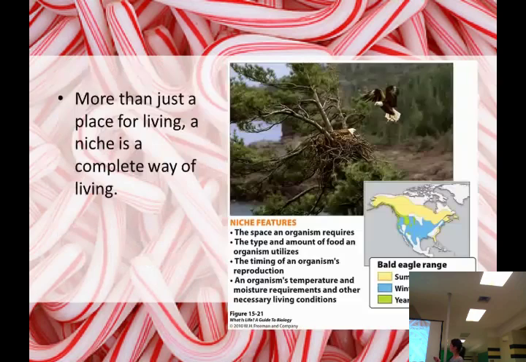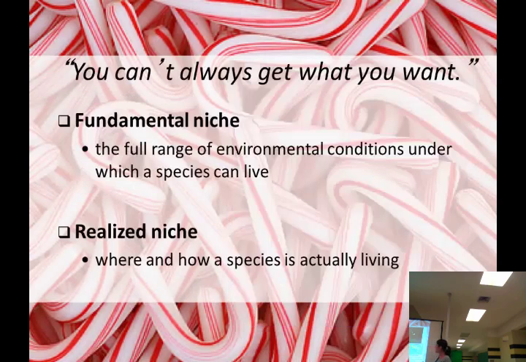If we go back here to our bald eagle, bald eagles are capable of living in this entire area. But they're going to have what's called their realized niche, which is where and how a species actually lives. Where is it actually occupying that space? Obviously a bald eagle isn't going to fly all around North America, but they will do some migration if that's necessary, depending on where they call home.